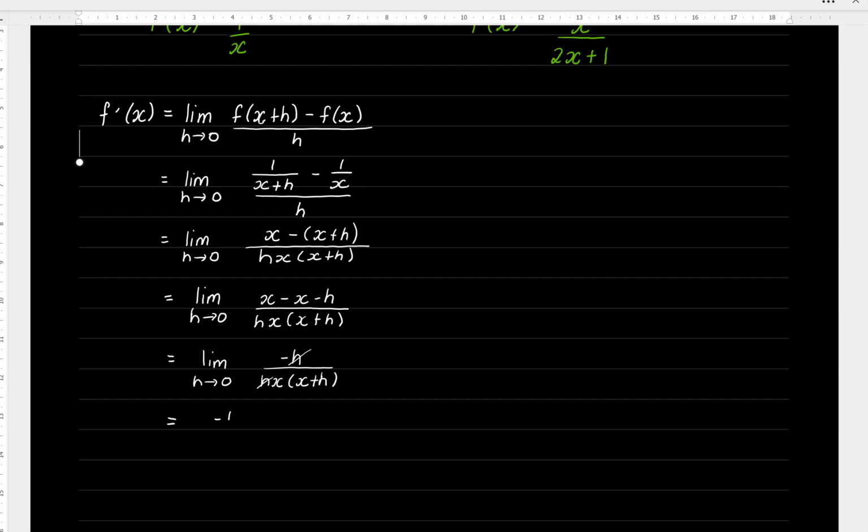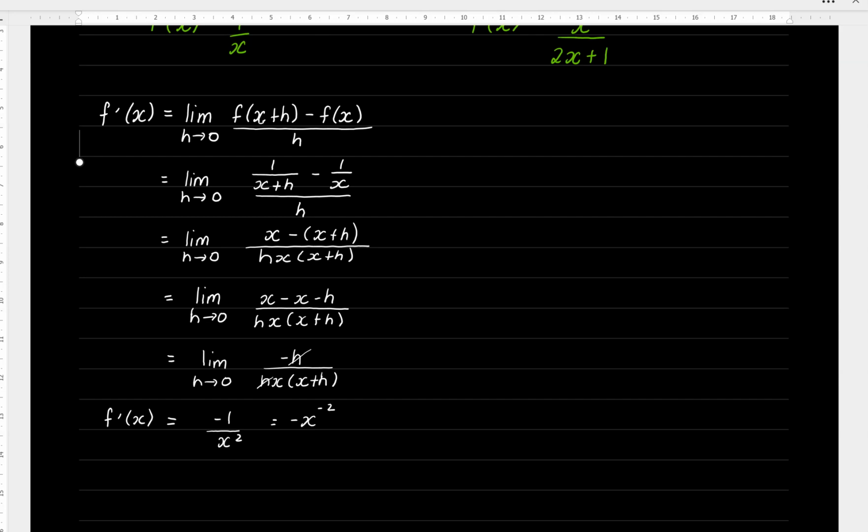So upstairs I've got minus 1 all over. Now h is now 0, so it's x times x, which is x squared. So therefore, f dashed of x, of 1 on x, is minus 1 over x squared. Or, if you like, minus x to the minus 2. And that fits one of our shortcut rules.